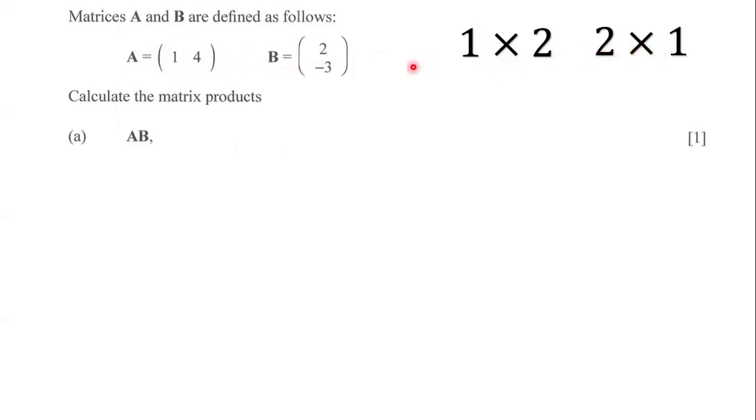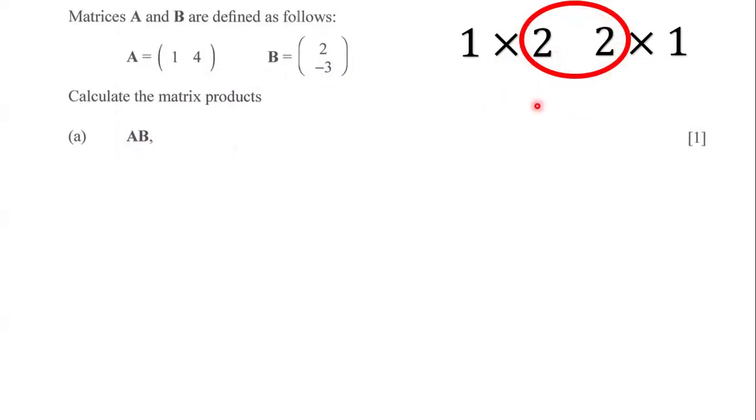That means it has 2 rows and 1 column. Now we know that multiplication is defined with these two matrices, A times B, in that order, because these two numbers are the same.